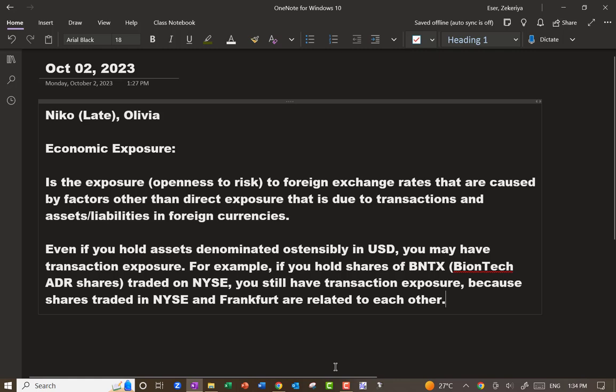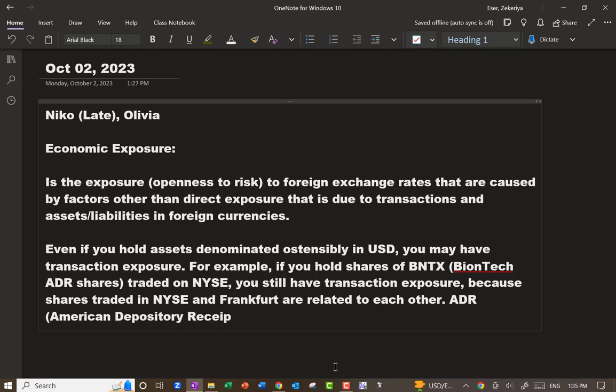The way these work, do you guys know what an ADR is? Have you heard them before? It's an easy way for Americans to invest in foreign stocks. They're short for American Depository Receipts. Let's say I'm BioNTech.